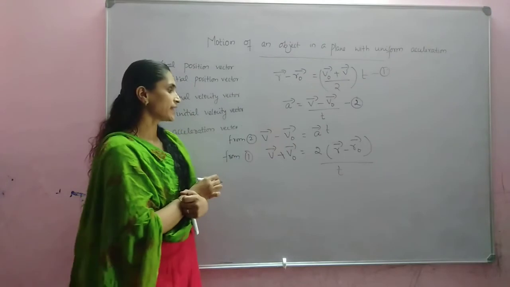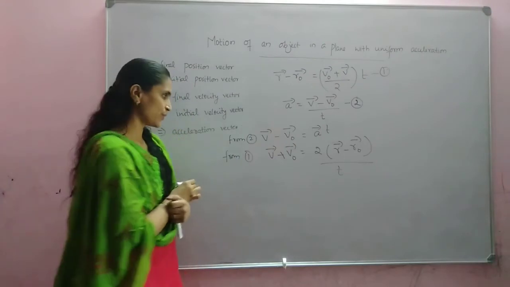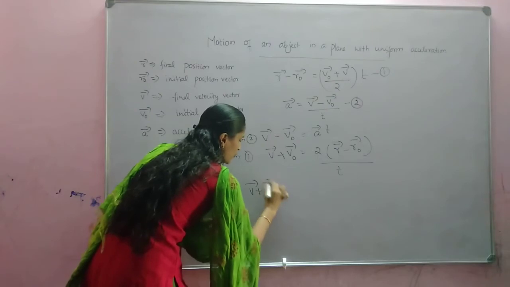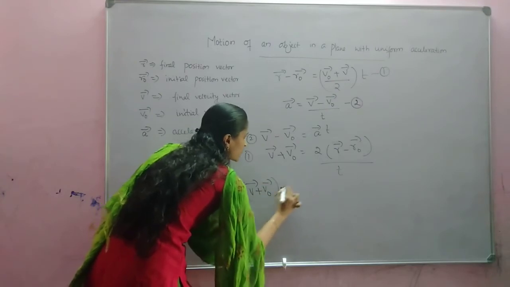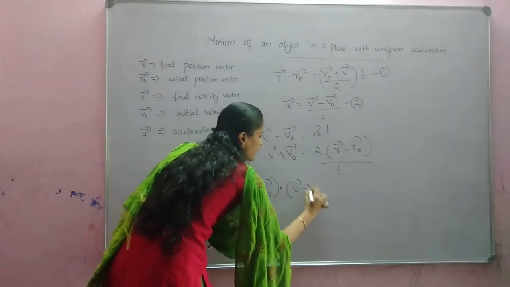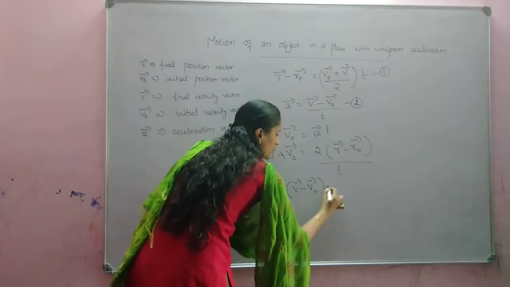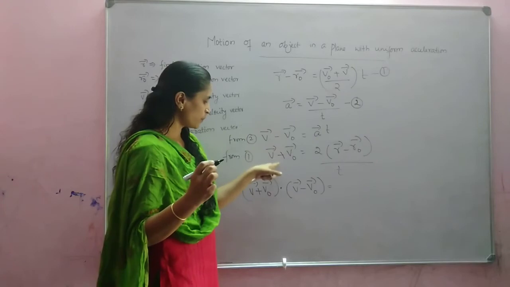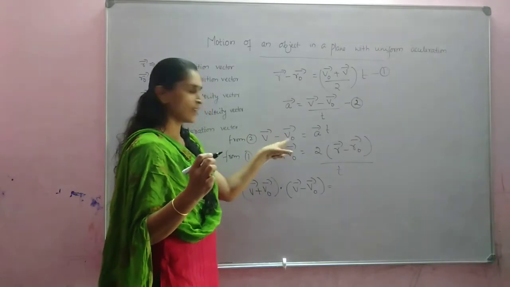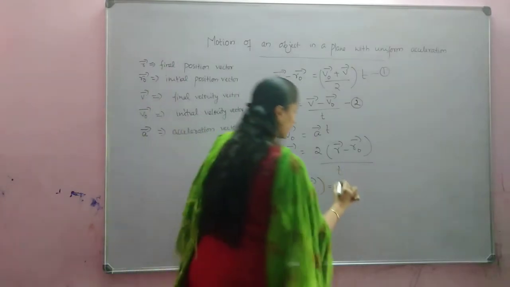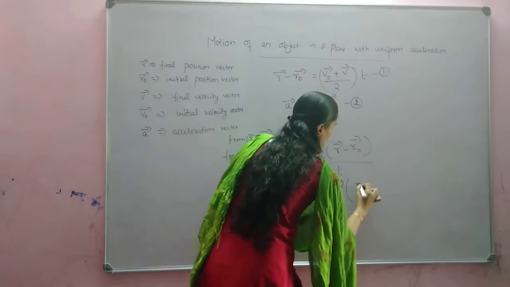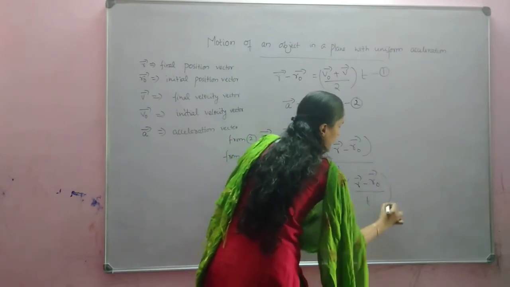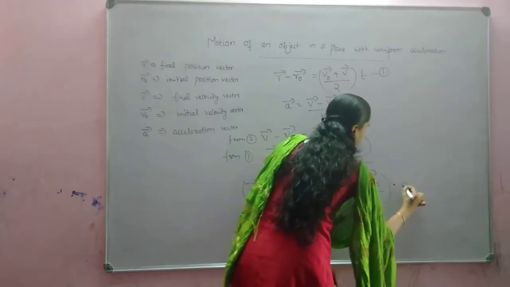So we are finding the dot product of the first and second equation. So what we will get? v plus v0 dot v minus v0. Dot product, we are finding this vector dot this vector. Okay. So v plus v0 dot v minus v0 equal to, we can write 2 into r minus r0 by t dot at.